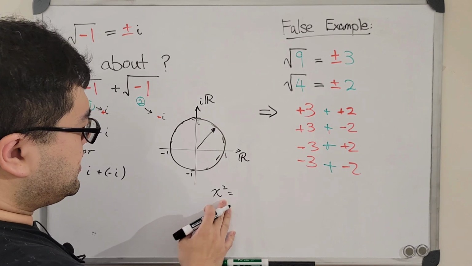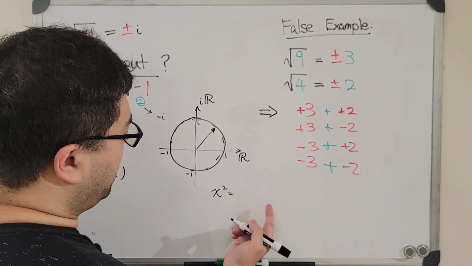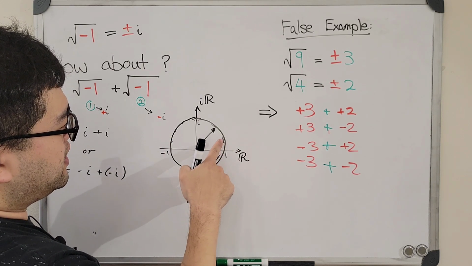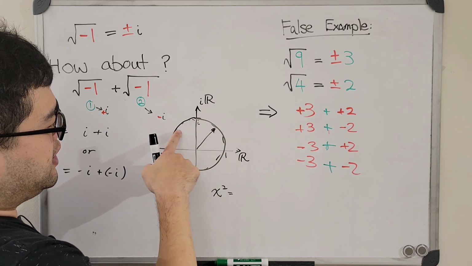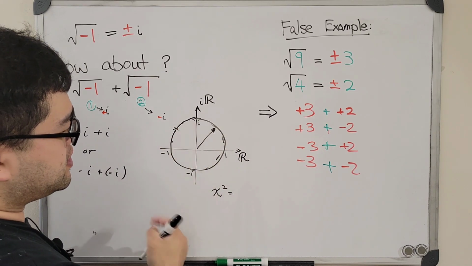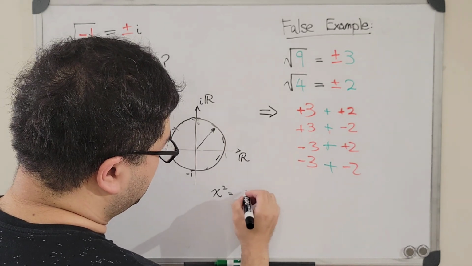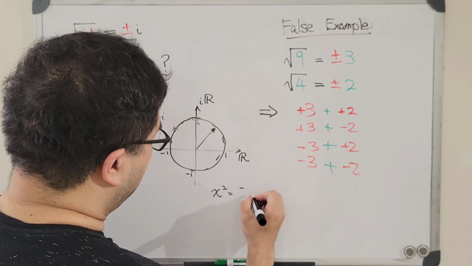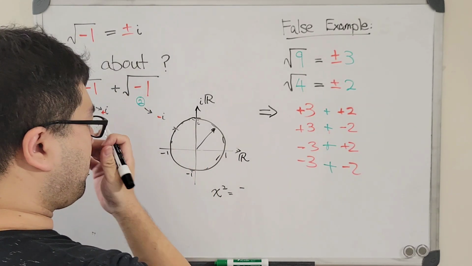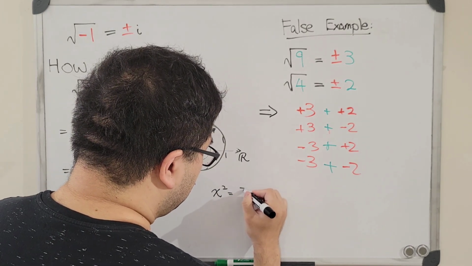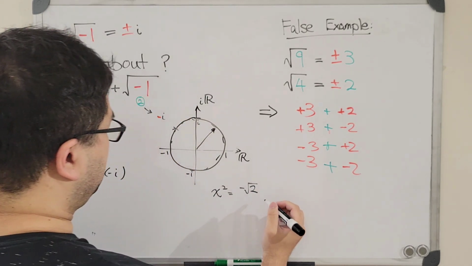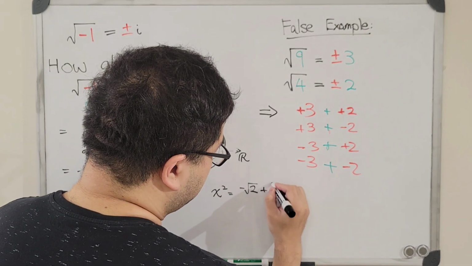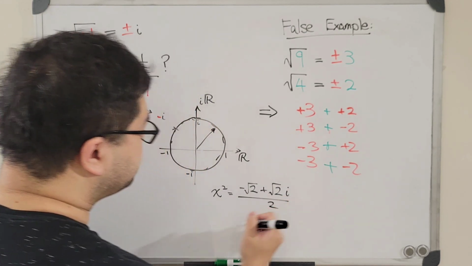So let's suppose we choose the value somewhere here. Let's take this spot here, which is actually equal to negative square root of 2 plus square root of 2 i, all over 2.